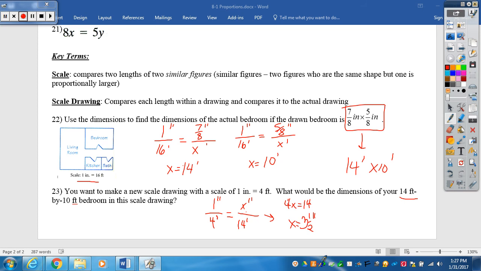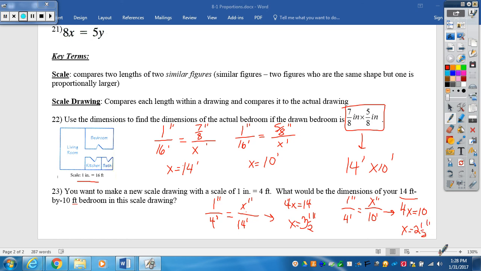Okay. If we continue on, I have 1 inch again is equal to 4 feet, and this time we're looking at a 10 foot. So in the corresponding position, 10 feet, x inches. And so from there I cross multiply, I get 4x is equal to 10. Dividing through by 4, you get 2 1/2 inches.